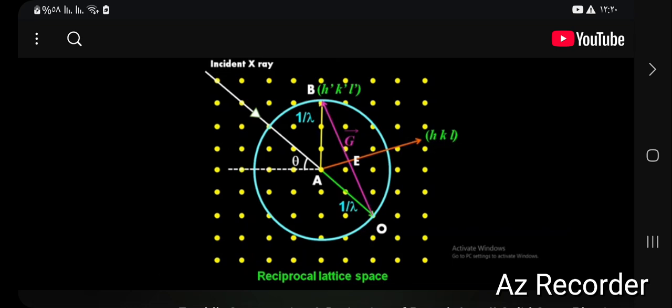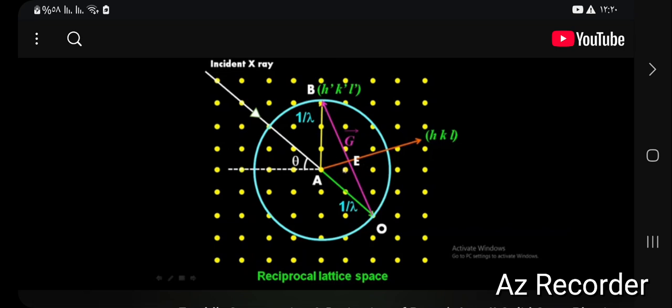We know that for a direct lattice the interplanar spacing is d, and for a reciprocal lattice the interplanar spacing is 1 by d. So the distance between O and B, the interplanar spacing of the reciprocal lattice plane, will be 1 by d.